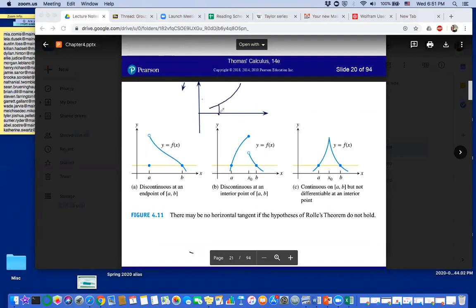And this is my A, and this is my B. I say this function, let me see, F, G, I'm gonna call it G. I say G is continuous on the closed interval AB. Okay, G is differentiable on AB. Yet, are there any points between A and B where the derivative goes flat?